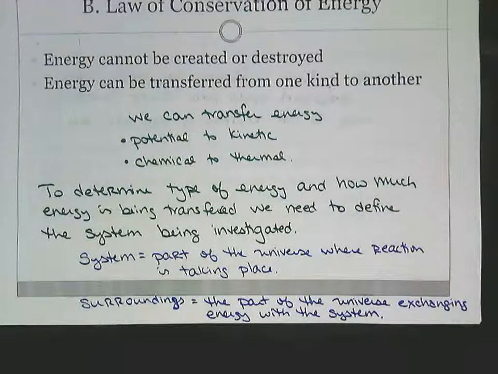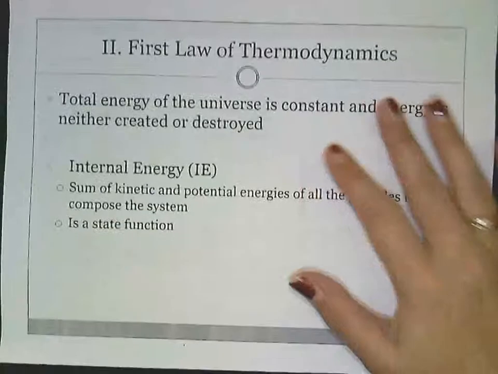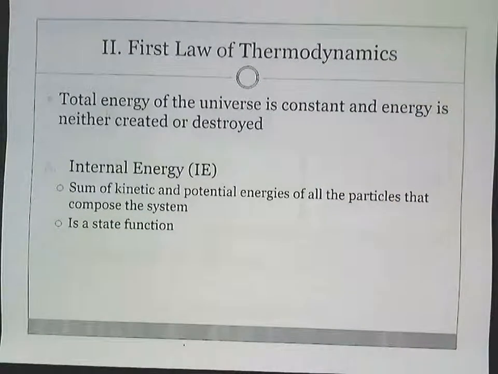All right, so let's take a look in depth at what this system and surroundings are and how we can start to measure how much energy is out there. So if the total energy of the universe is a constant, and I can't create or destroy any new energy, I have to have a way of measuring how much energy a certain thing has.